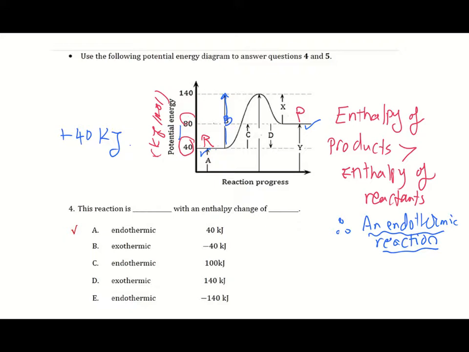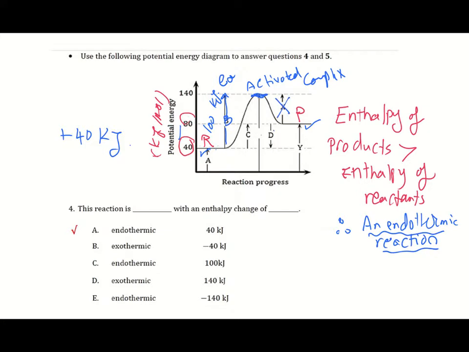So the activation energy here equals 100 kilojoules, EA equals 100 kilojoules, because this is the energy needed by the reacting molecules in order to start to react on possible collision. And here is the site of the formation of the activated complex. X doesn't mean anything, it's nothing.